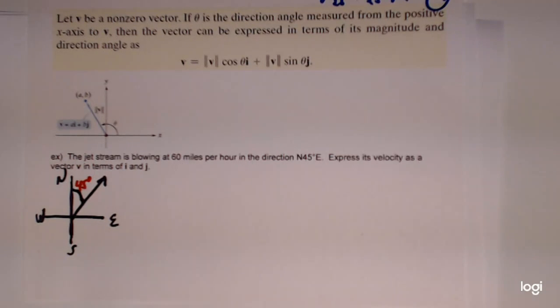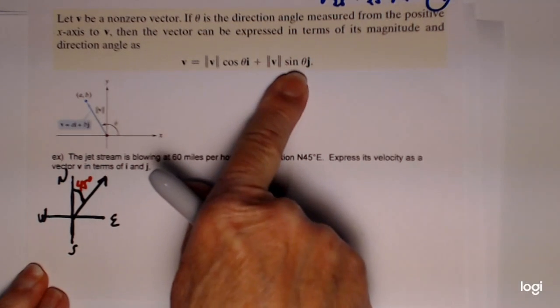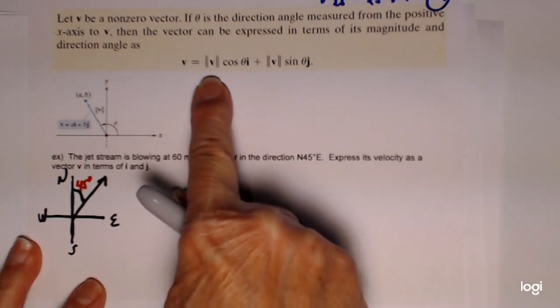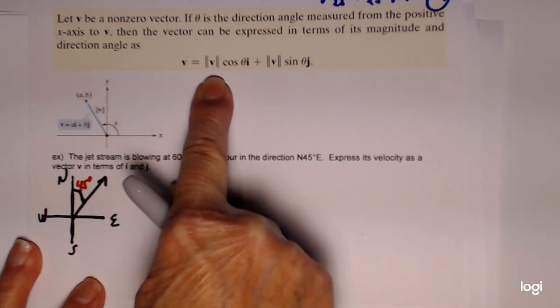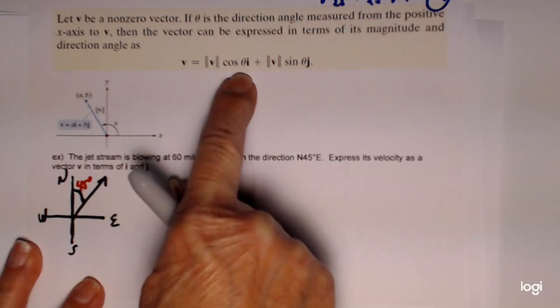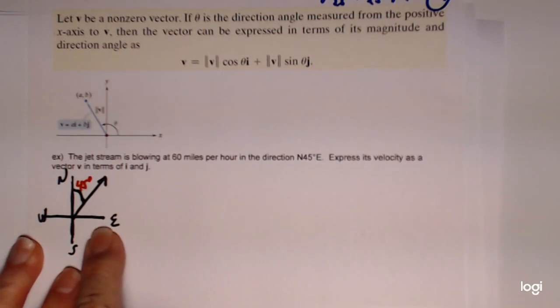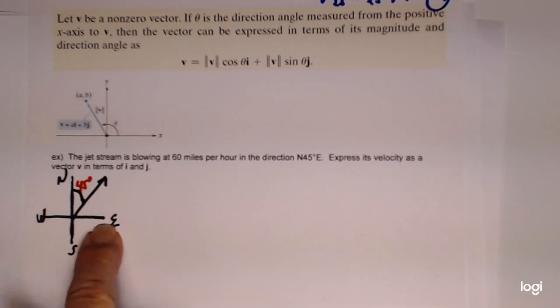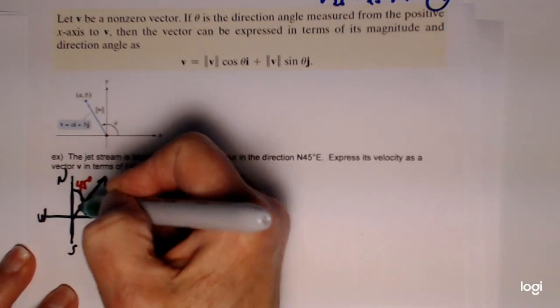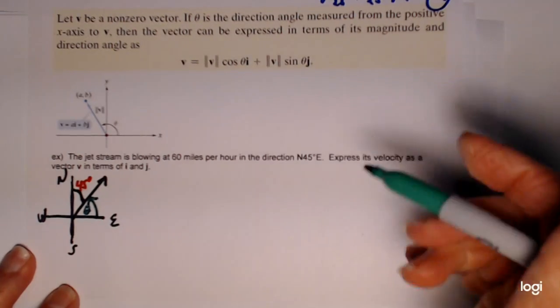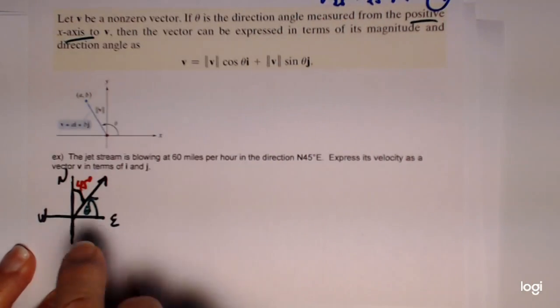We want to come up with the equation for this vector, and we want to use this format here. Looking at this, we can see that we're going to need the magnitude, and we're going to need this theta here. Looking at the picture that I've drawn, theta is this angle in here. Remember, theta is from the positive x-axis.